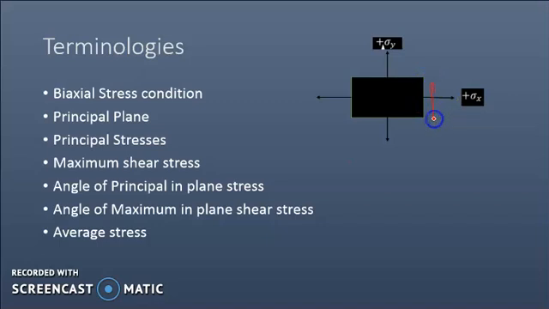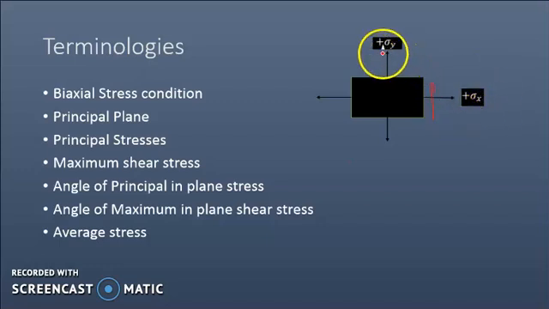Let us consider this stress. This stress is normal to this plane, and if you see, this is normal stress acting on this plane, and there is no shear stress acting on this plane. Therefore this stress is called the principal stress.